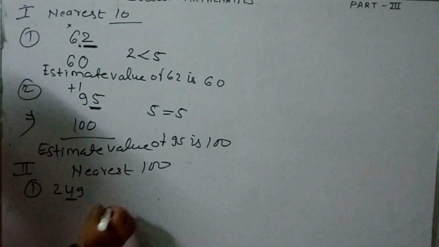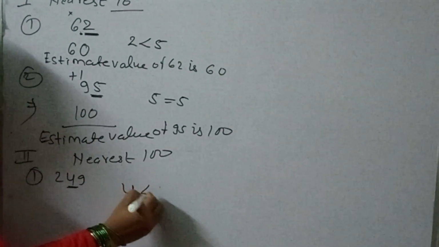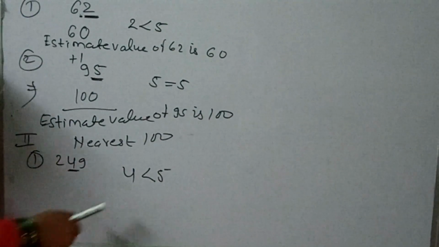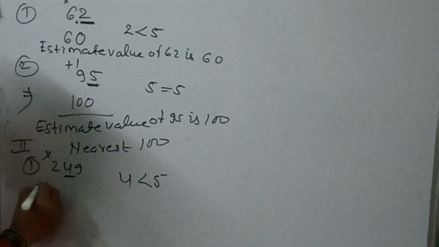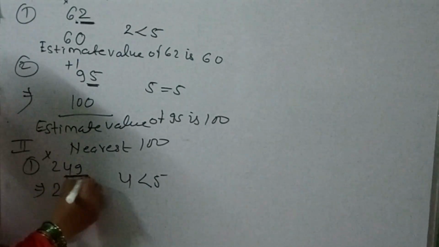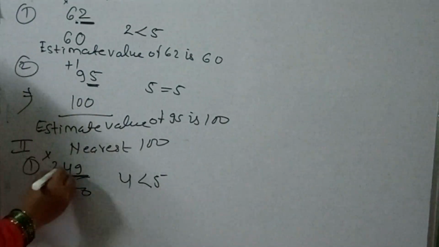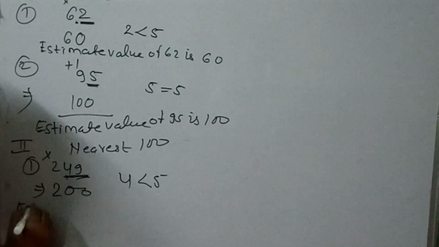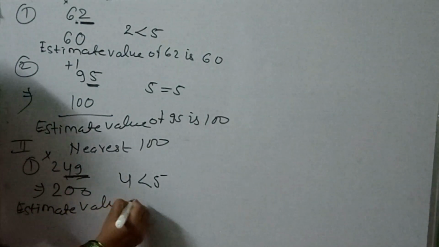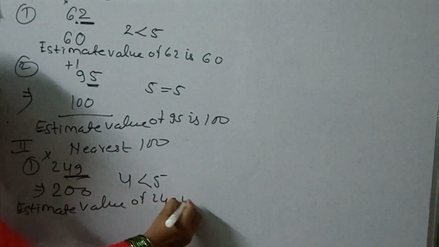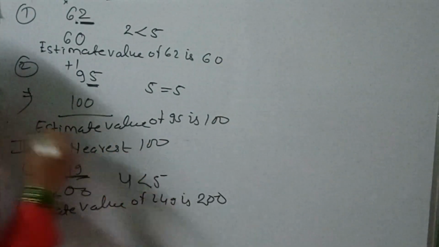Here tens is 4 and 4 is less than 5. If 4 is less than 5, no need to add anything, simply you write 2 and this 2 will be followed by 00. So the estimate value of 249 is 200.